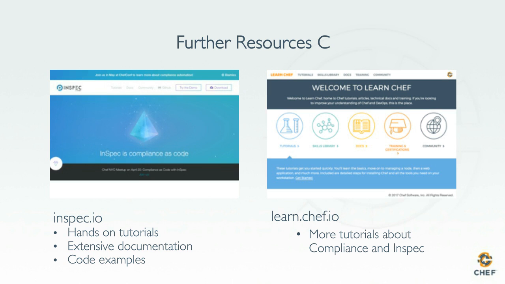If you're using InSpec in combination with Chef, then learn.chef.io is the best example to see how you can jointly use Chef Client and InSpec together in order to achieve continuous compliance, as we've shown today, where we use InSpec for the assessment phase and Chef Client for the remediation phase.